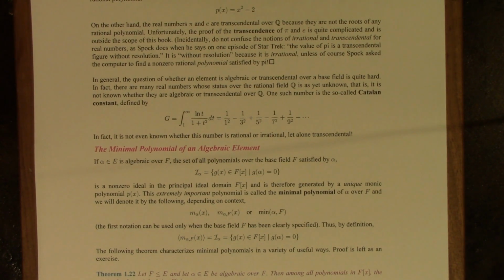In general, the question of whether an element is algebraic or transcendental over a base field is quite hard. As a matter of fact, there are many real numbers whose status over the rational field is as yet unknown. We don't know whether they're algebraic or transcendental.